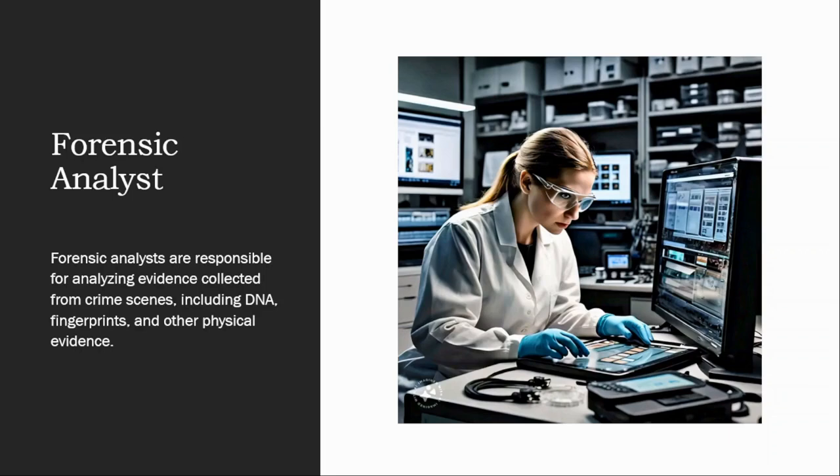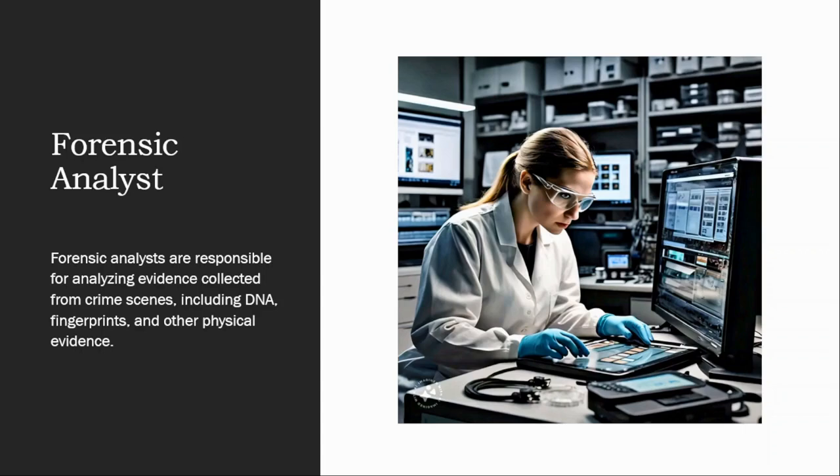Now, fingerprints are another crucial type of evidence you analyze. By matching the fingerprints found at the crime scene to those in your files, you can identify suspects and link them to the crime scene. In addition to DNA and fingerprints, forensic analysts also examine other physical evidence like hair, fibers, and footwear impressions.